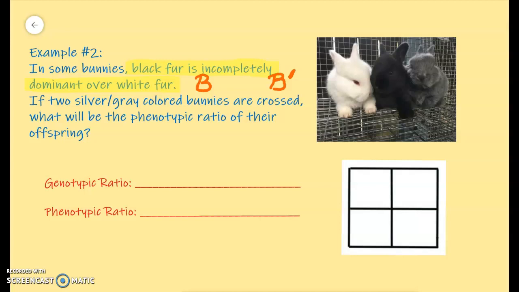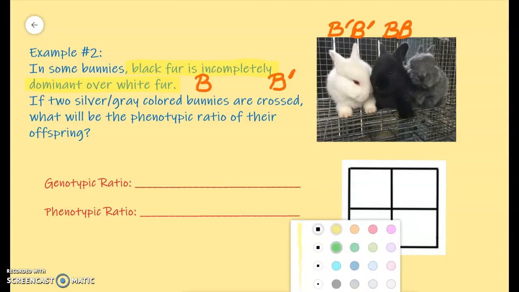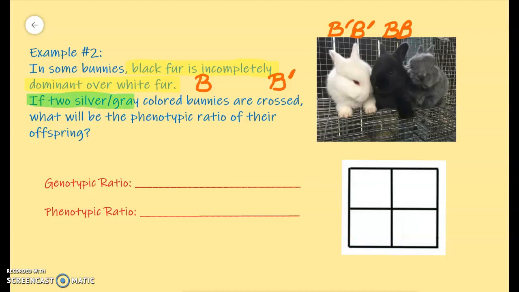So over on the right in the picture you see, let me give some genotypes to some of these bunnies here. The white one, which we just said is slightly more recessive, would be big B apostrophe, while black bunnies would then have to be homozygous dominant, 2 big B's. Now going back to the problem, it tells us that if 2 silver gray bunnies, now where did that come from?